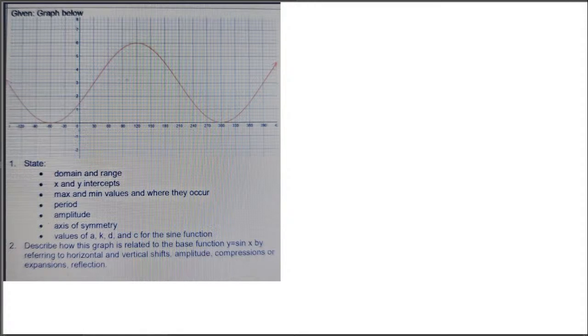Okay, so what they're asking here is how did we shift? And those numbers that we just found actually help us. So this is shifted to the right 30. R-I-G-H-T.